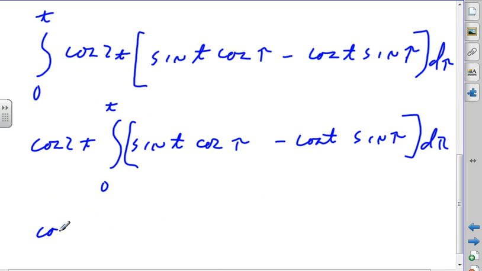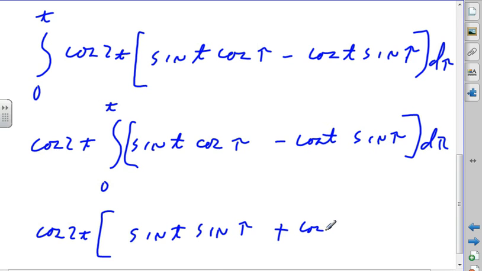All right, so I got cosine 2t times the integral of cosine is going to be sine, right? So it's going to be sine squared. No, it's not. It's just sine t sine tau minus the integral of sine is minus cosine, so that's going to be plus cosine t cosine tau evaluated at 0 and t.